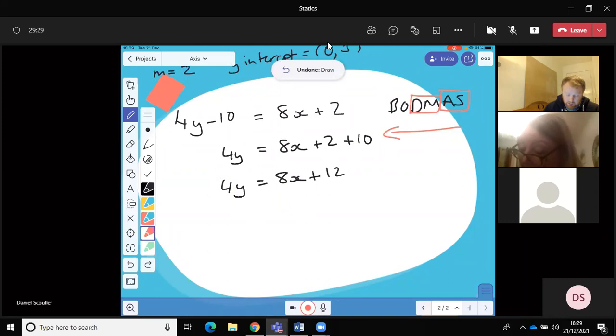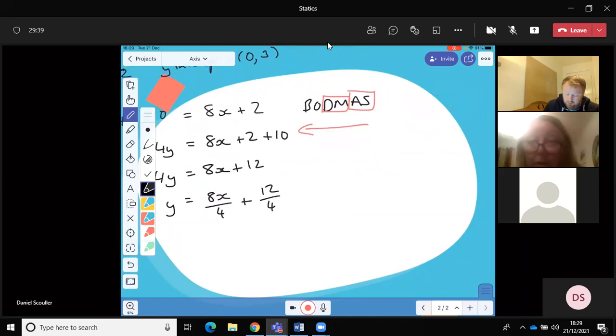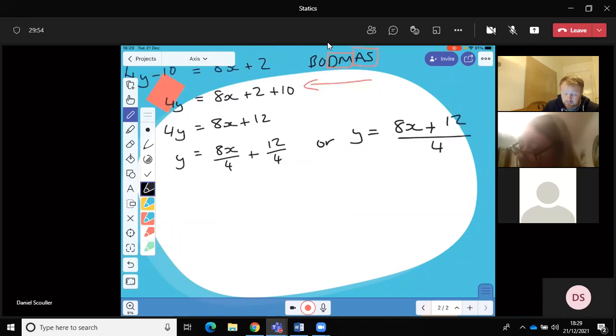Similar to what we just did above, when we move that 4 across, we can either write it like that, or you could write it like that. Both are correct mathematically.